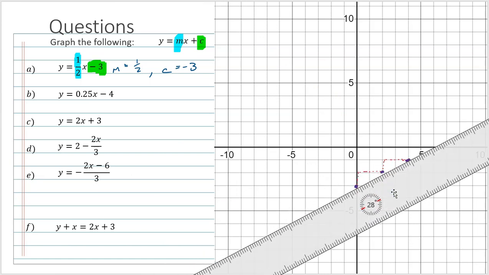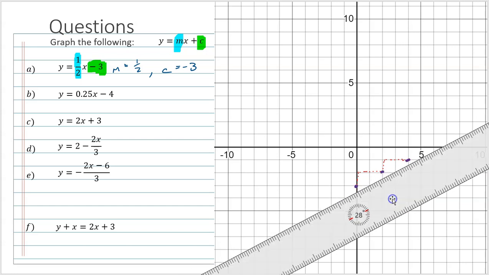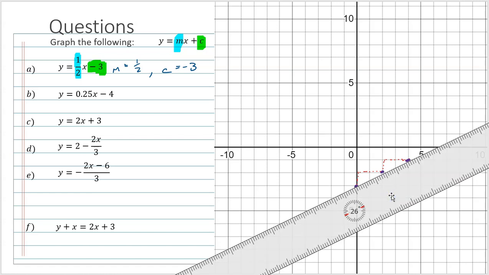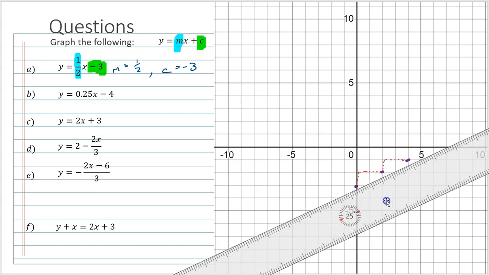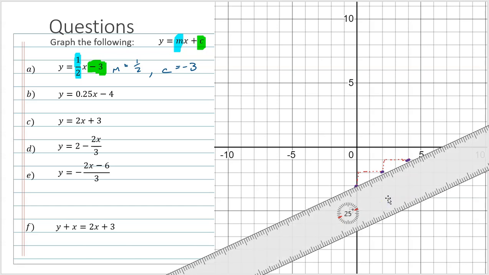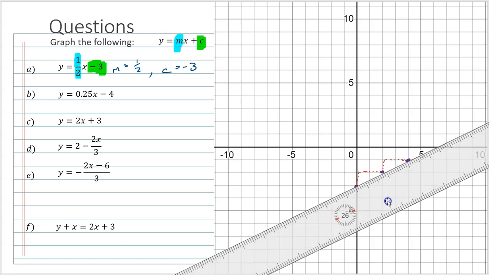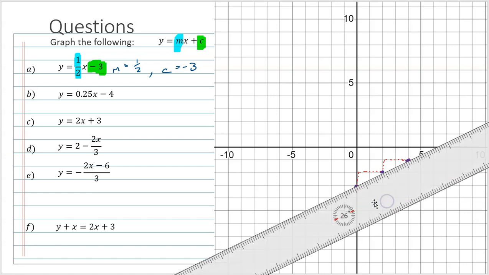Remember guys, the ruler is very important. So it should be roughly 25 degrees, but I think because of the scaling of this paper and my computer screen, it's slightly off. So go for 26.